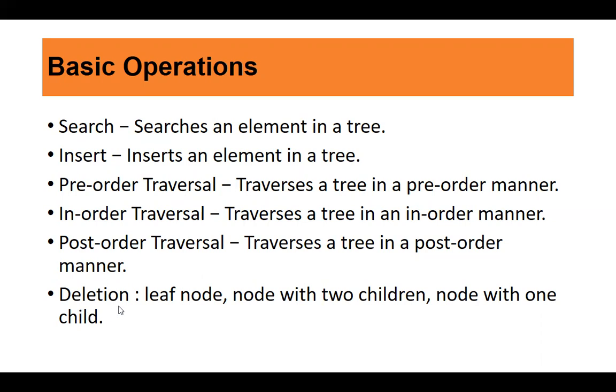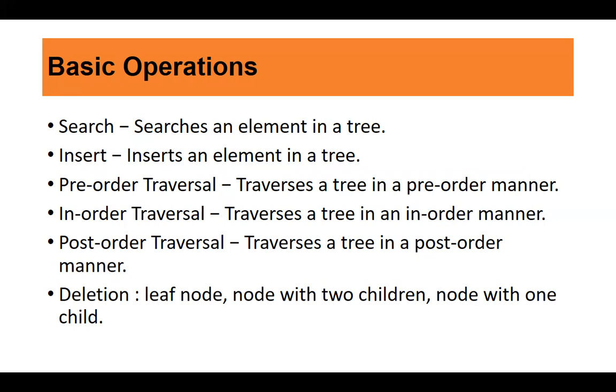In deletion also, we have three cases. You can delete a leaf node, and we already know a leaf node is a node which does not have any children. You can delete a node with two children, or you can delete a node with one child. So let us look at these operations one by one.